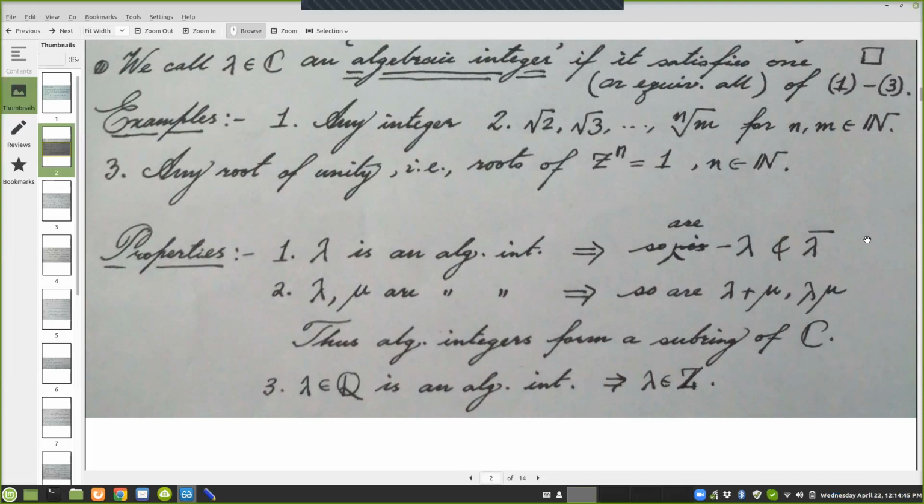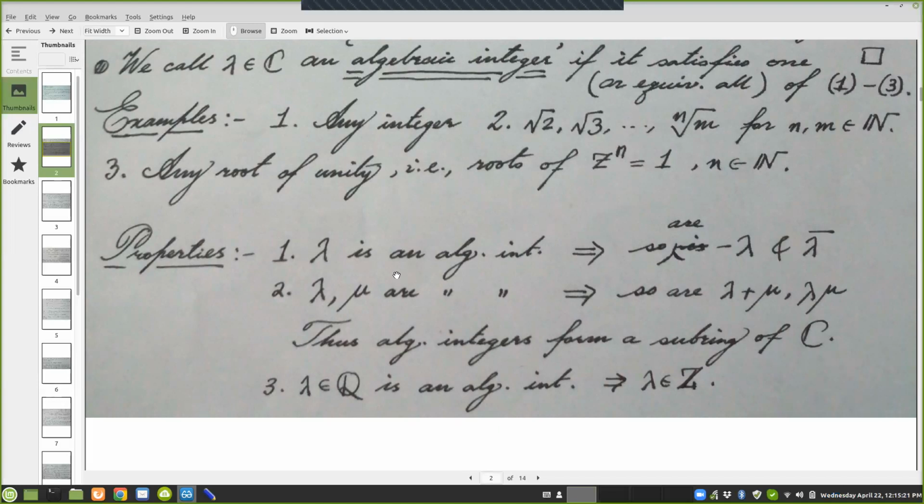Since lambda is an eigenvalue of A, there is a non-zero vector V. So here V is a tuple in some C^n. What we will do is take the conjugate of each of these coordinates of V, which gives another vector in that C^n, which we denote by V bar.